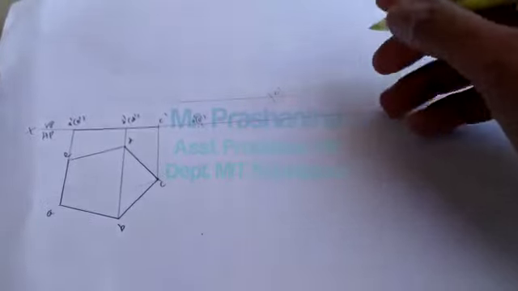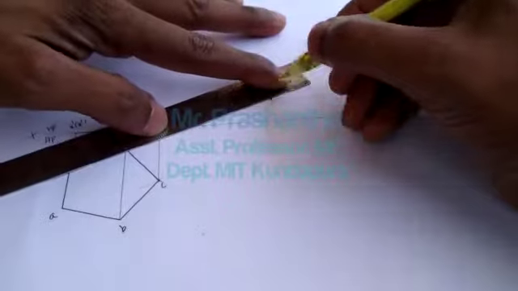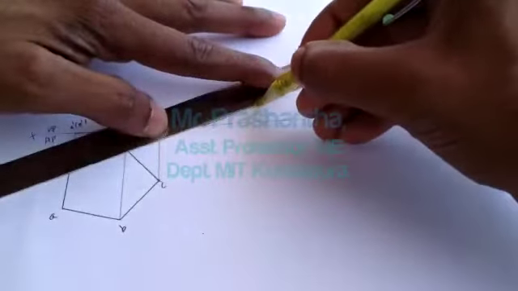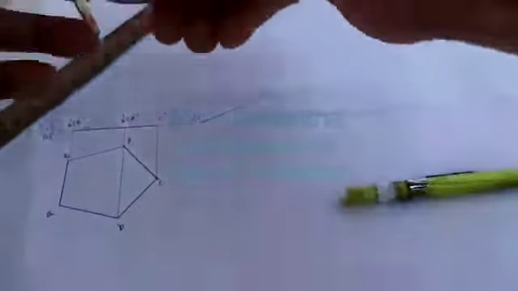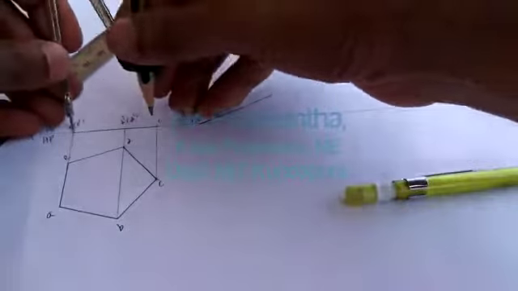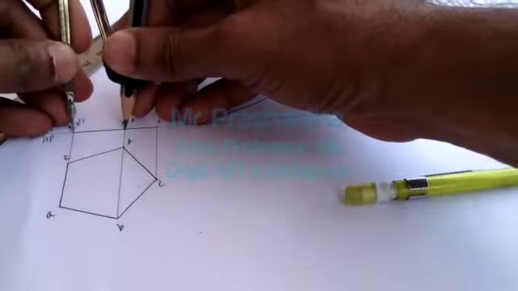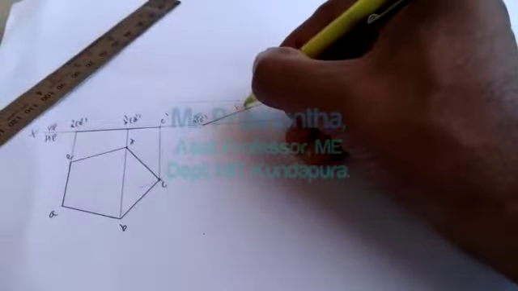This point is C dash, and connect with visible line. Then take the compass again, take this distance A dash to B dash, and mark it over here. This is B dash and D dash.